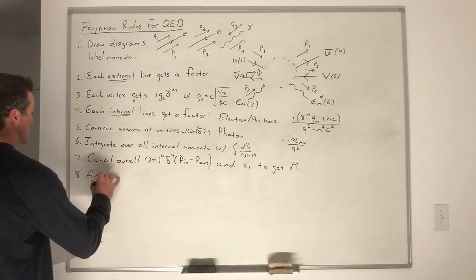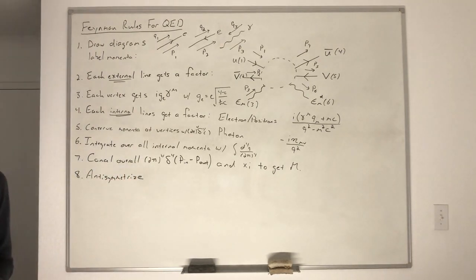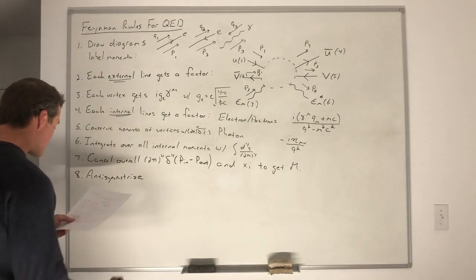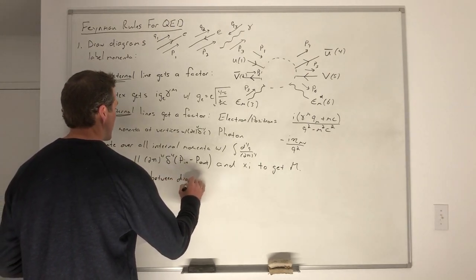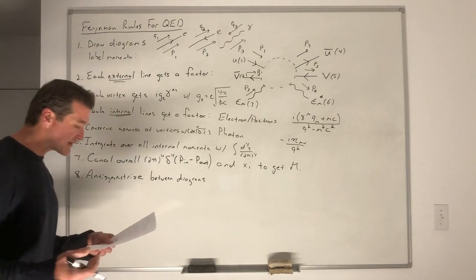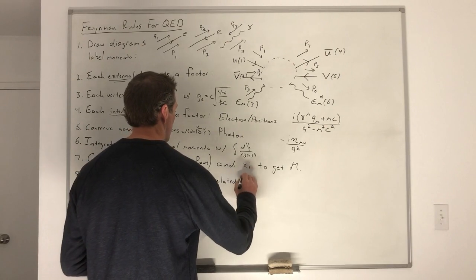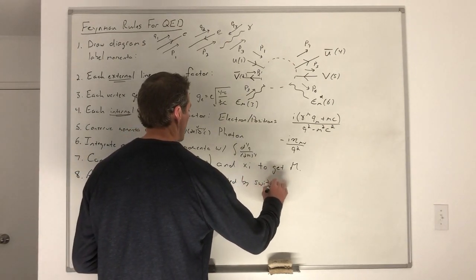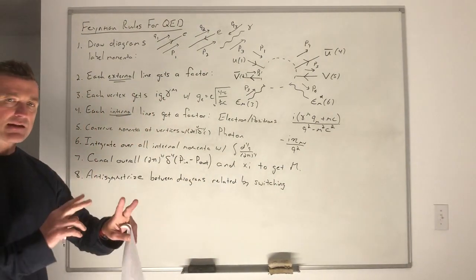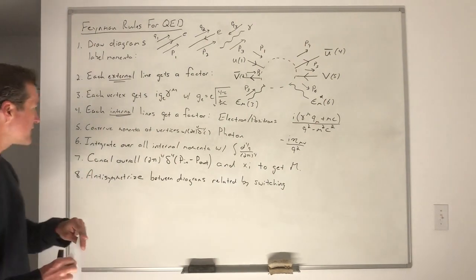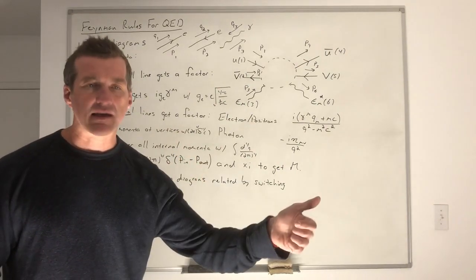when you have certain things coming in and coming out of your interaction, you're going to anti-symmetrize between diagrams, and I'll show you this in an example. So if I have 2 diagrams, and they can be related by switching certain things, then you have to anti-symmetrize their contributions to M. That means if one of them is positive, then you put a minus sign in front of the other one.